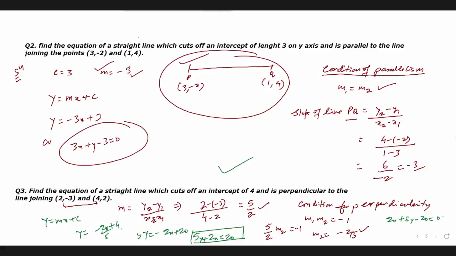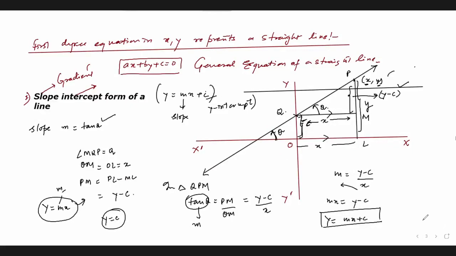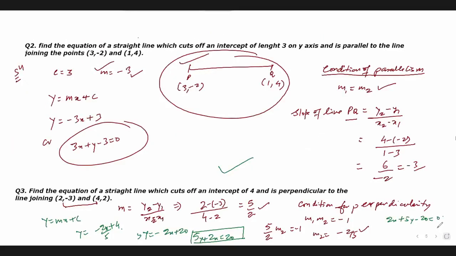Now we are moving on to the next form of a straight line. I explained to you about the slope intercept form of a line, that is y equals mx plus c. Why it is y equals mx plus c, that proof also I have given you, and some related questions we have done.